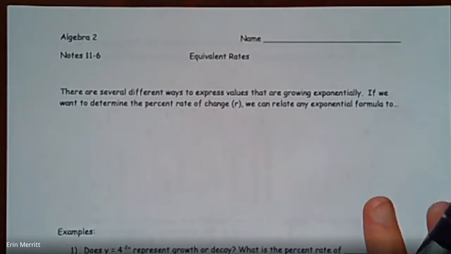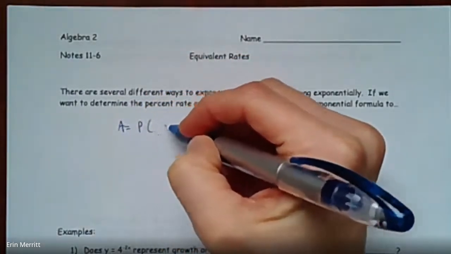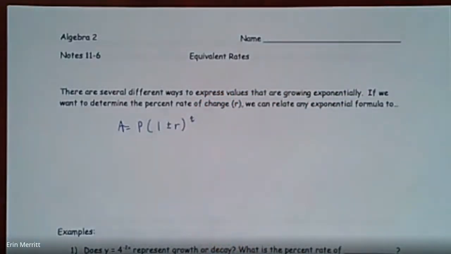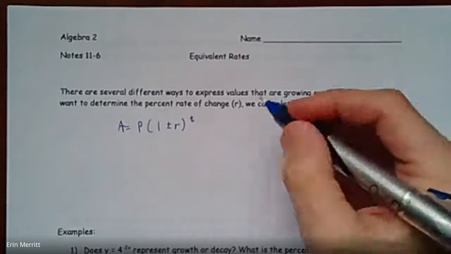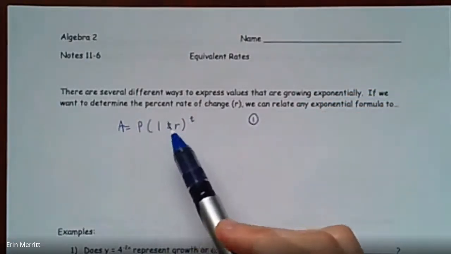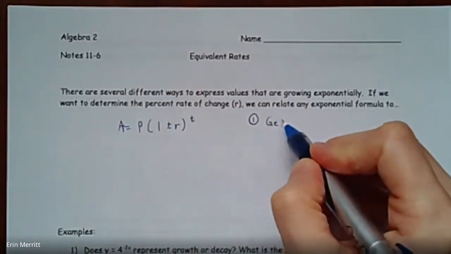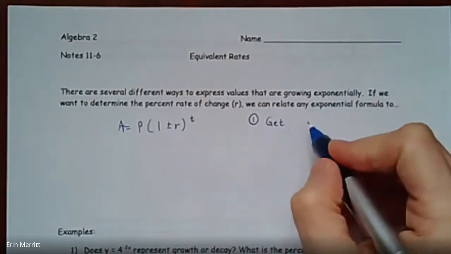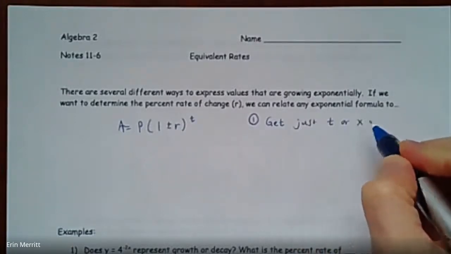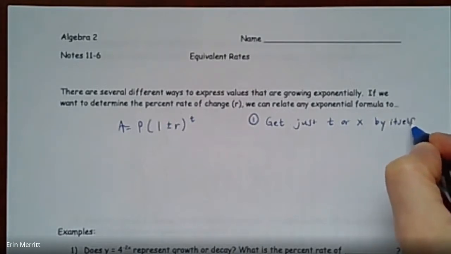The format I'm talking about is A equals P times 1 either plus or minus R, to the T power. So our goal is, if we're given an equation in a different form than this, to rearrange it so that we can get T or X, whatever it might be, by itself in the exponent.